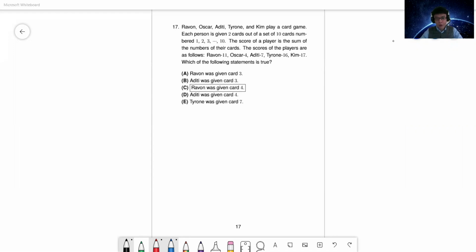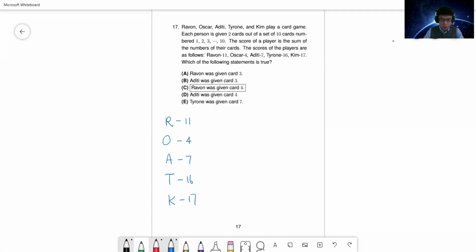Let's try to solve each person's numbers. It's convenient to start from the smallest number. Basically, we split each number into 2 different numbers, and among these 10 numbers, they are not repeated.